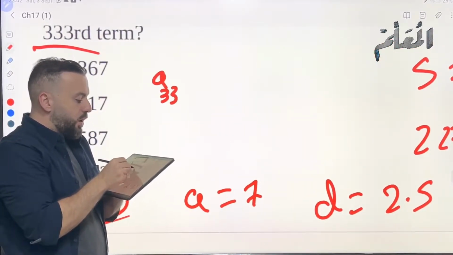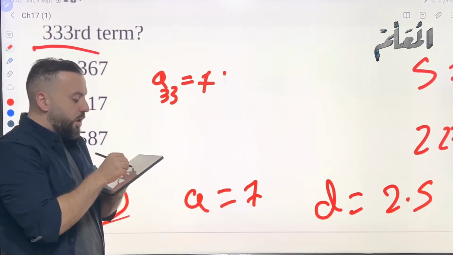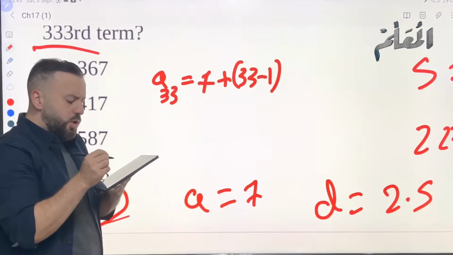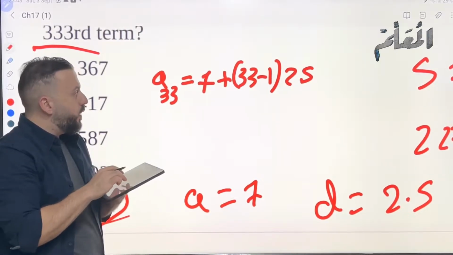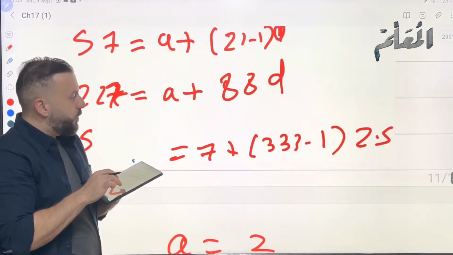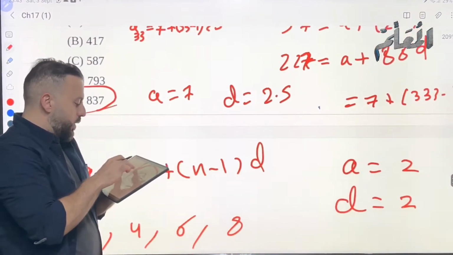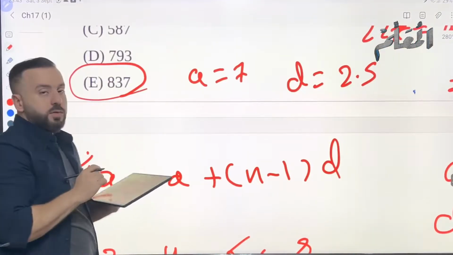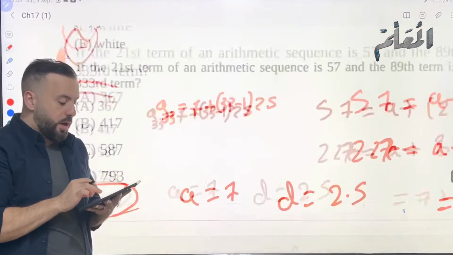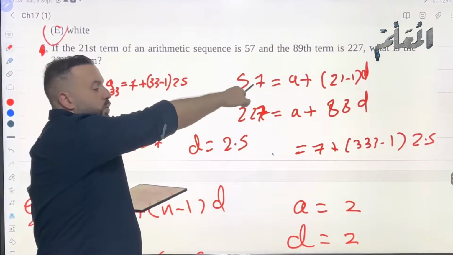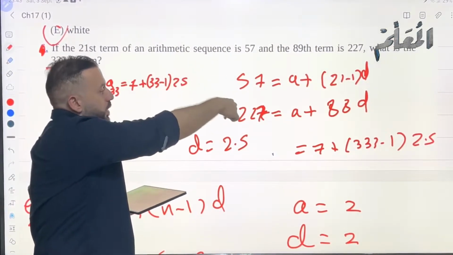A 33 is equal to 7 plus 33 minus 1 times 2.5. At the end, after calculating, I get the value 837. So the first step, I just convert this question to an arithmetic sequence.